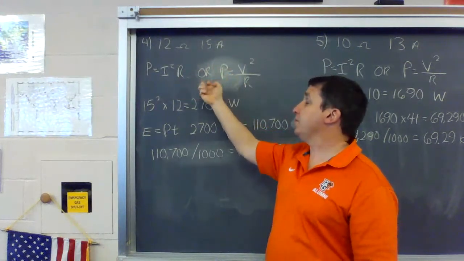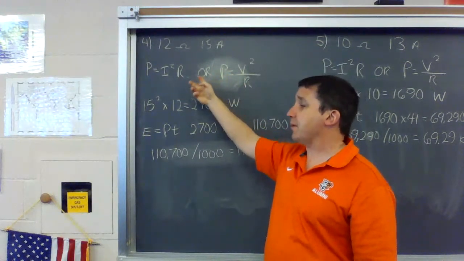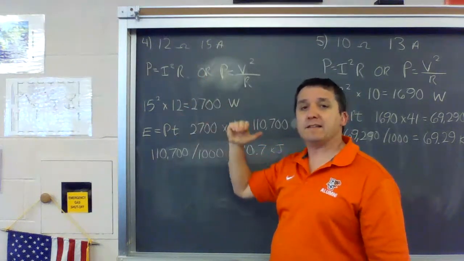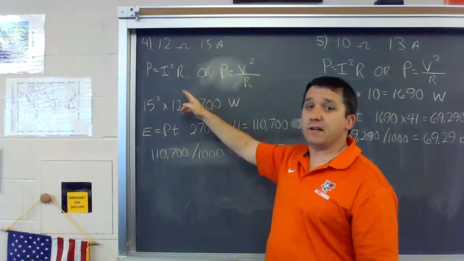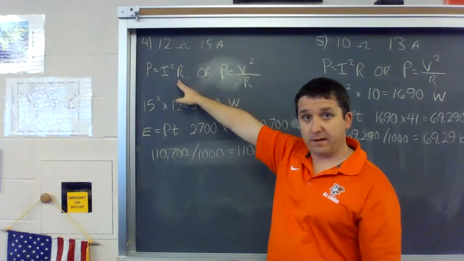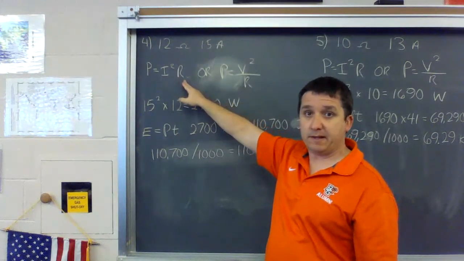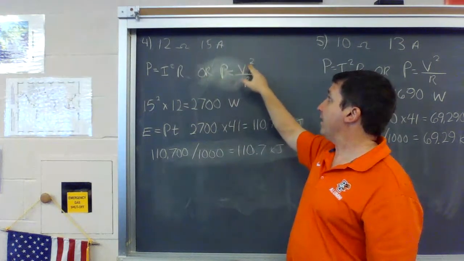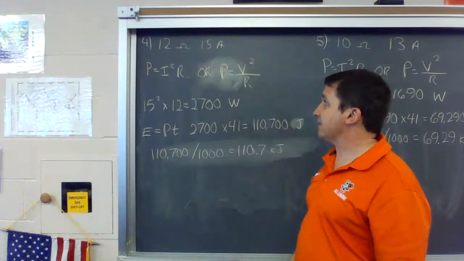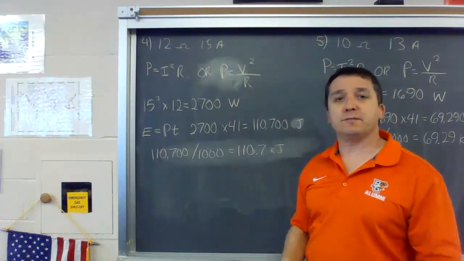When the problem talks about the power that is dissipated by a resistor, you need to ask yourself, do I use this formula where I square the current and multiply by the resistance, or do I use the power formula where I'm squaring the voltage and dividing by resistance? Again, it depends on what's provided for you.